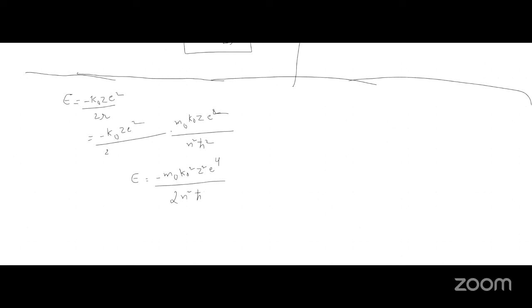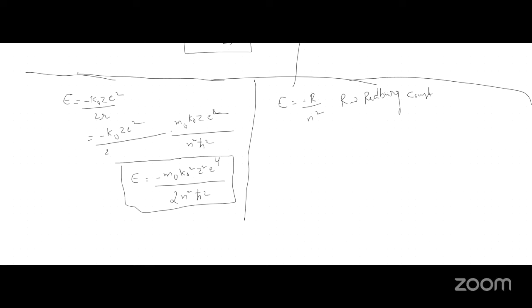This is the equation of energy. In this energy equation, I am taking E equal to minus R by N square, where R is the Rydberg constant. What is the R value?